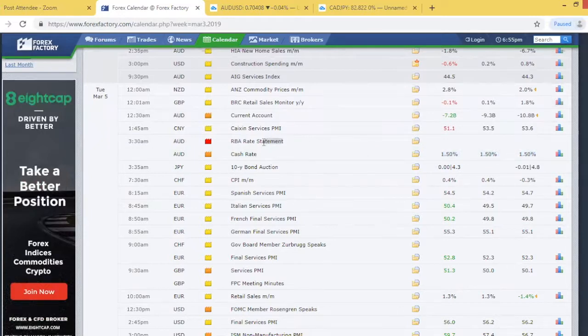But the rate statement highlighted these concerns elsewhere within the economy, and we did see the Aussie dollar sell off quite substantially. The Aussie US dollar, the Aussie dollar Japanese yen. It was this piece of data that caused the Aussie yen to finally meet its expectation.